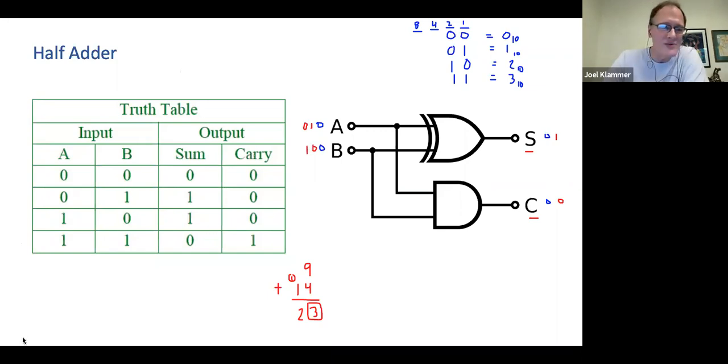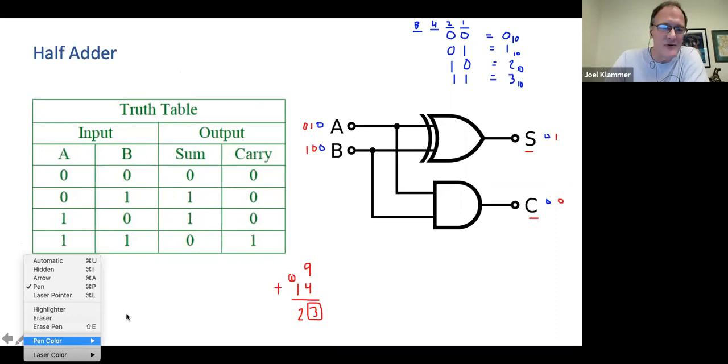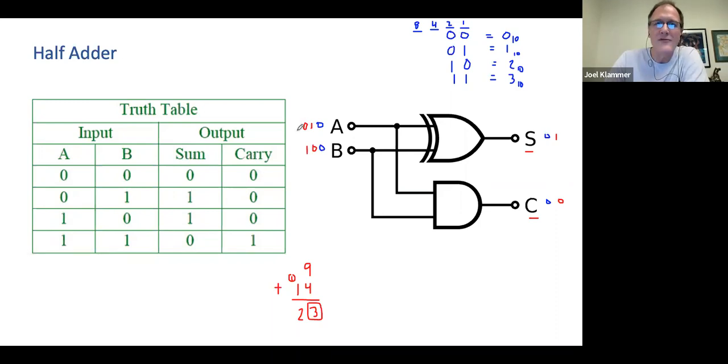But where it gets interesting is this. If you put in 1 for A and 1 for B, what's the sum of that? Well, the answer is 2. But how do you express that in binary? The sum of those two, 1 and 1, is 2.